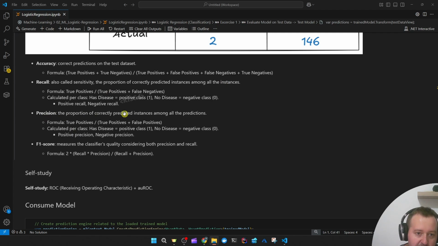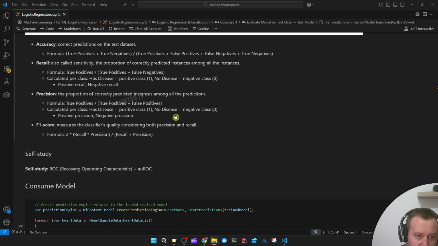Precision, the proportion of correctly predicted instances among all the predictions. So there's a slight nuance here. This is just among all instances. This is among all the predictions. So again, all correct predictions to all predictions. Yeah, well. All the predictions should equal all the instances, if I'm not mistaken, but maybe that's a Google mistake.